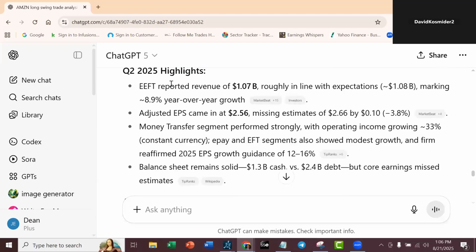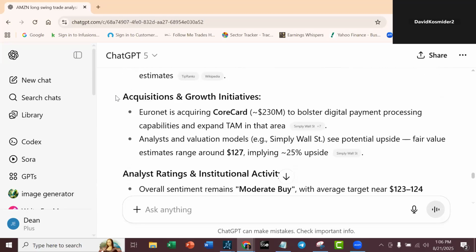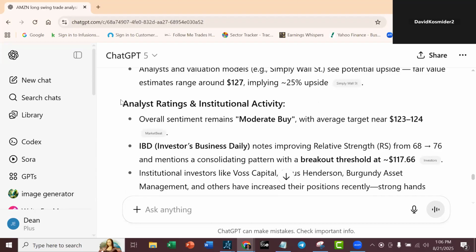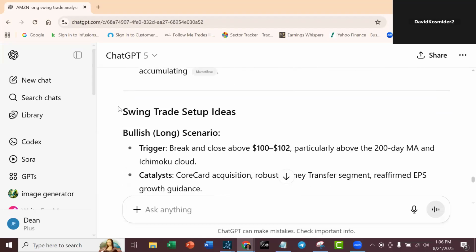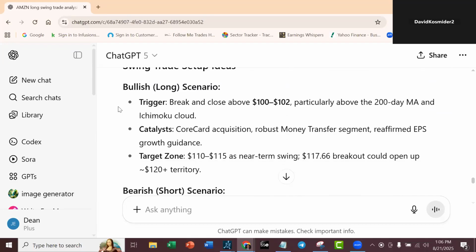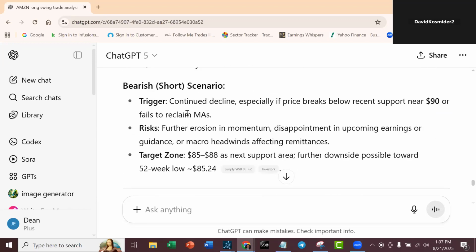Revenue in line, EPS missed, balance sheet solid, some M&A, analyst ratings moderate buy. Setup ideas for a long: break and close above 100, and the target zone would be 110 to 115. For continued decline, if you wanted a short trade, it goes below recent support at 90.